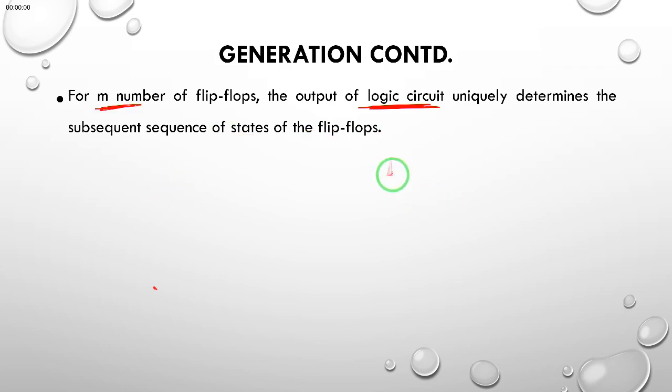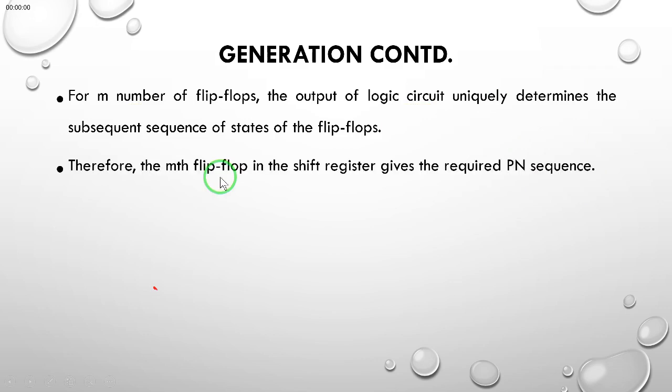We are able to know that the number of bits in the spreading code is often given by 2 to the power m. So if you have, say, three shift registers, we get 2 to the power 3, and therefore a combination of zeros and ones adding up to 8. So we see now that the M flip-flops in a shift register always give the required PN sequence.